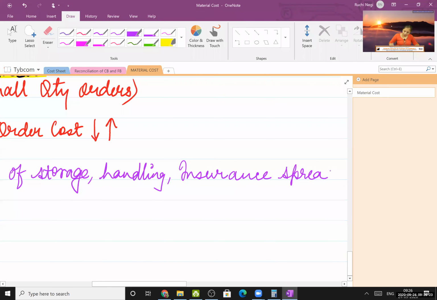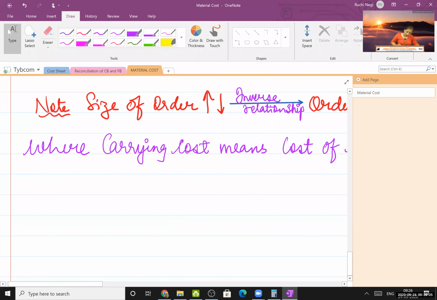Insurance spread over quantity, meaning raw material or value of material.